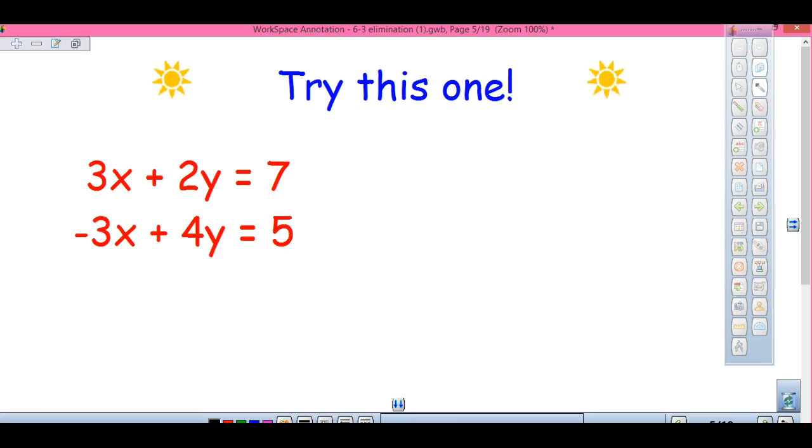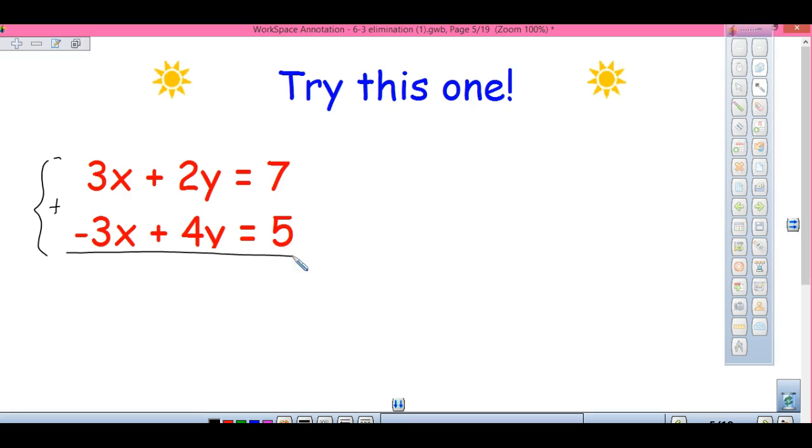Okay, so for those of you that are trying to write this on the side of your paper, this is on page 39. All right, so if I look at my 2 equations, okay, if I look at my x's, do I have the same coefficient, 1 positive, 1 negative? I do, okay? So as soon as I have that, what can I do with my 2 equations? I always add my equations.